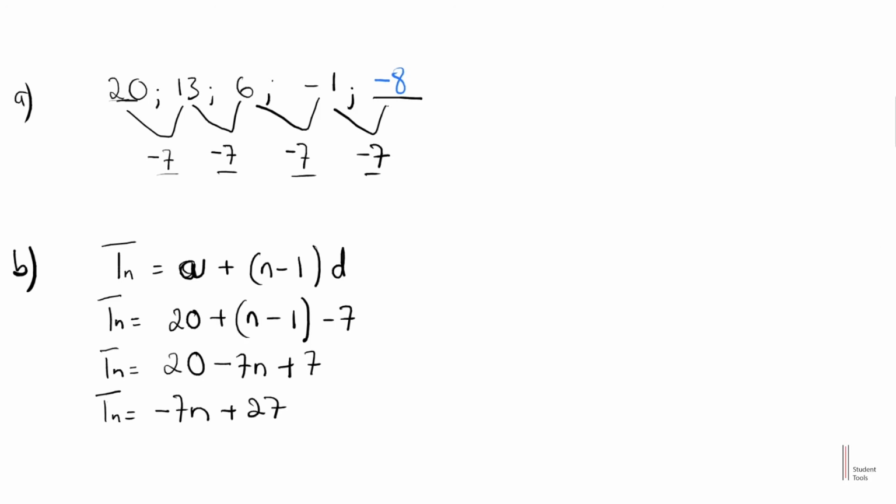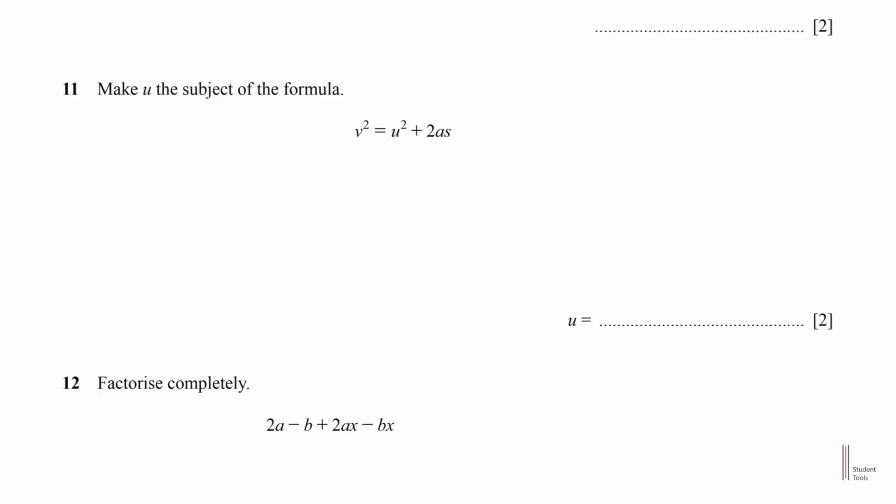Now we move on to question number 11. Question number 11 says, make u the subject of the formula, and we're given that expression. So we have this expression, v squared equal to u squared plus 2as.